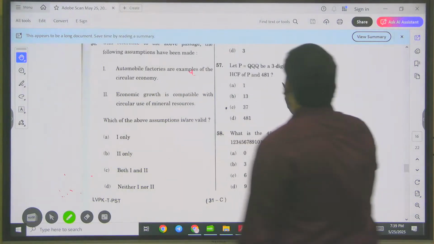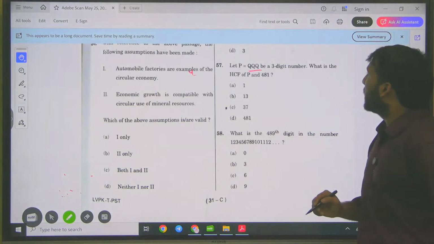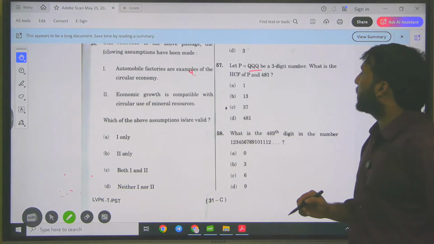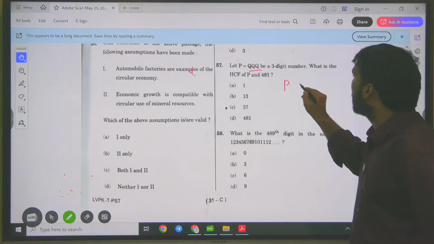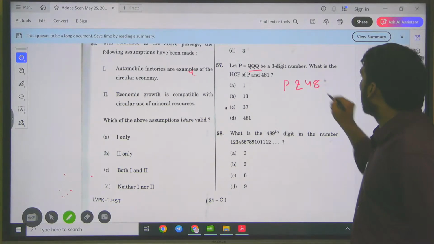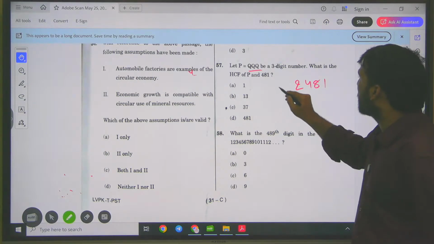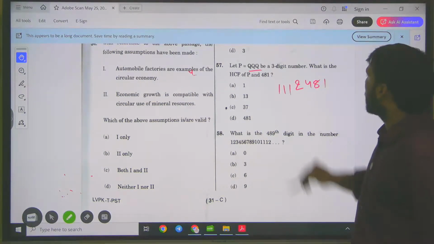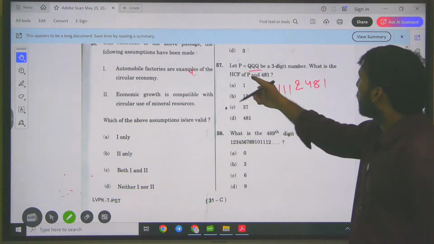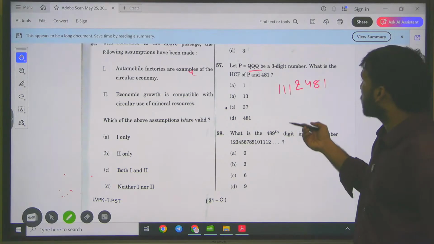P is equal to triple Q, a 3-digit number. What is the HCF of P and 481? I'm considering P as a 3-digit number, any value, say 111. So what is the HCF? HCF means highest common factor.